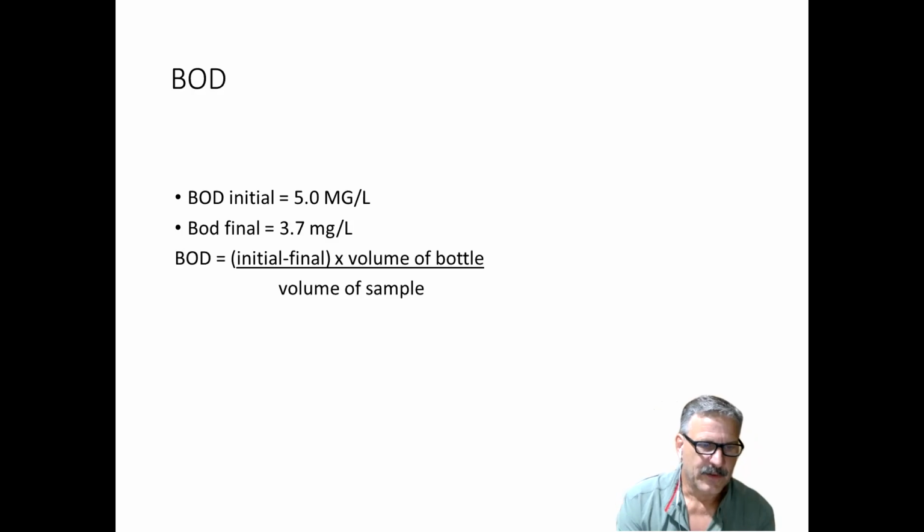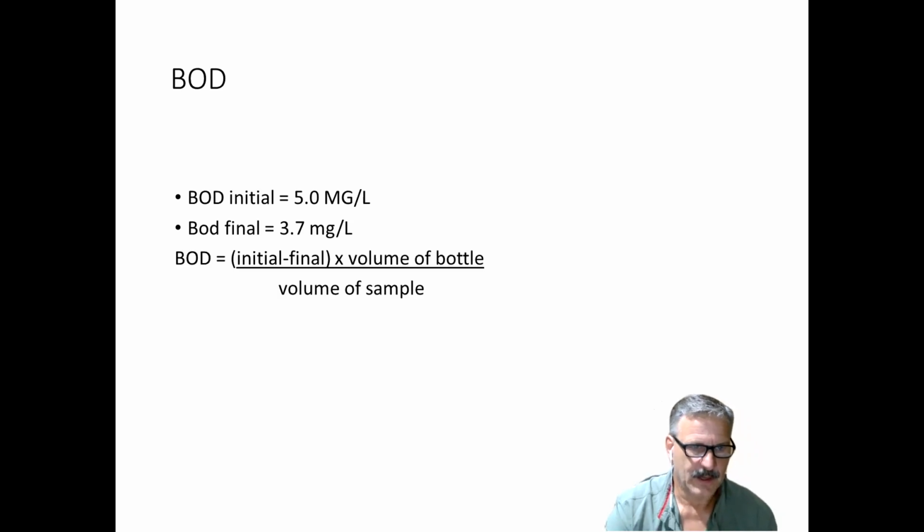The calculation for that is initial BOD minus final BOD, times the volume of the bottle, which, the sample bottles are typically 300 milliliters, and divided by the volume of the sample.